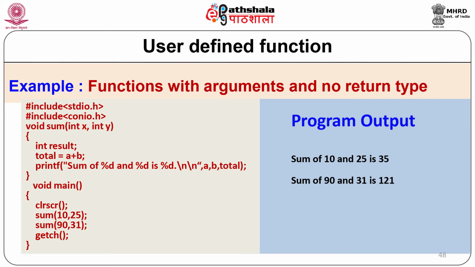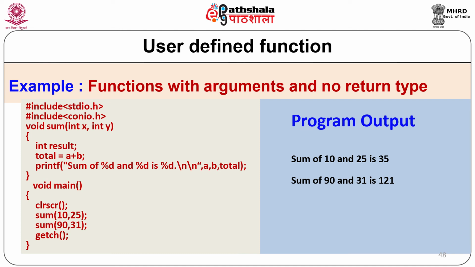Let us see an example program for function with argument and no return type. You can see in the program we have used different variables like result, a and b. You can see total equal to a plus b, printf sum of a and b is a, b, total. So, here we are passing argument from calling function to called function.